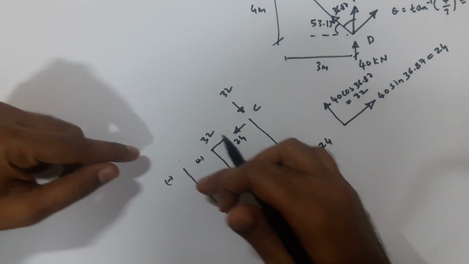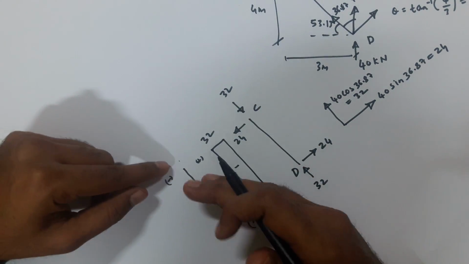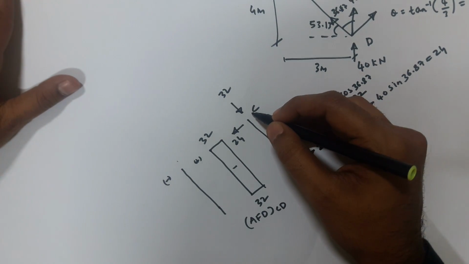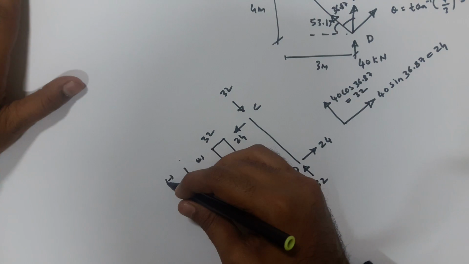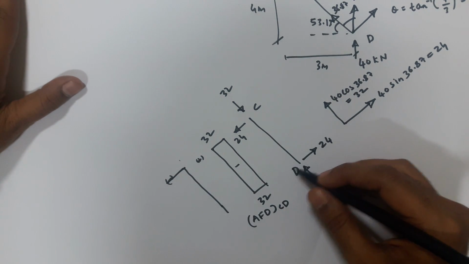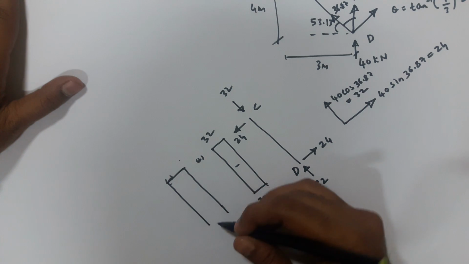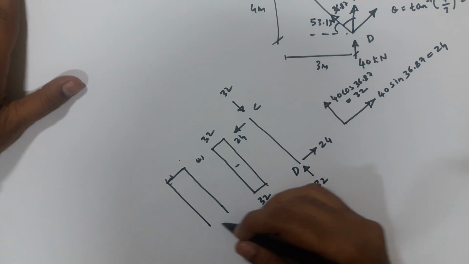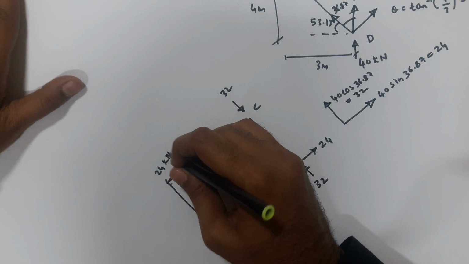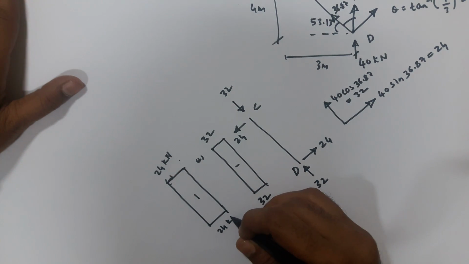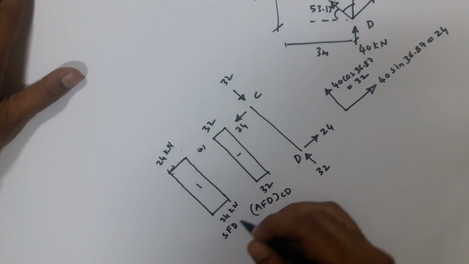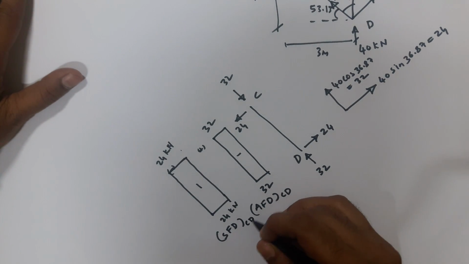Left of C 0, right of C minus 24, left of D minus 24, right of D 0. Minus 24 kilonewton. So this is the shear force diagram for member CD.